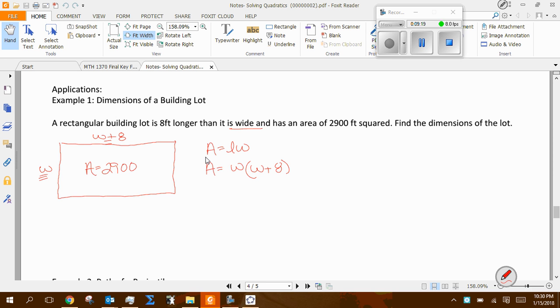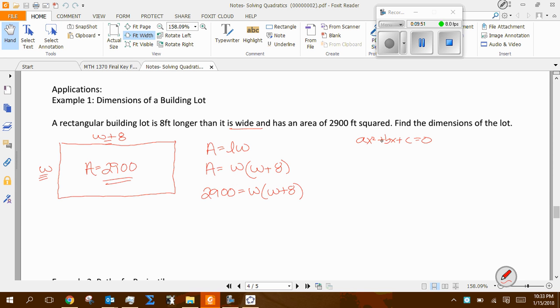So area is w times w plus 8. Now that we've filled these parts in, our area we know is this number right here, so let's fill that in. Now that you have it set up this way, we have to turn this into what looks like a quadratic in this format: ax squared plus bx plus c equals 0.